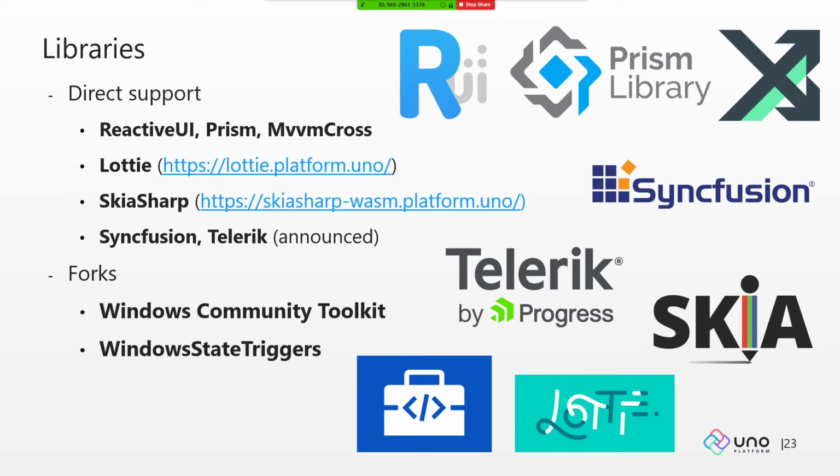So basically you reference this Uno platform specific NuGet package, which is something like Uno.WindowsCommunityToolkit, for example, and you just work with it like it was the native UWP library.